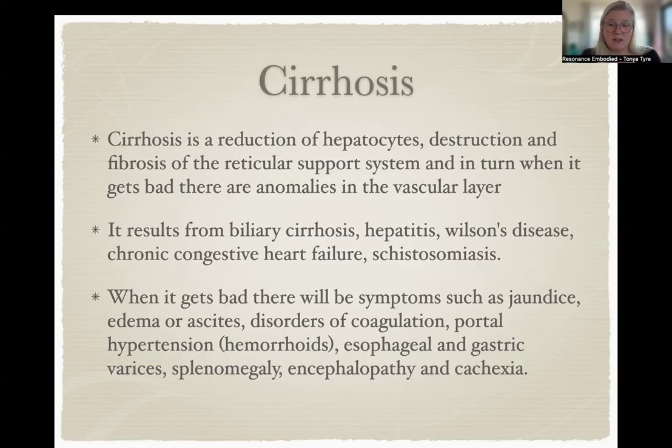But when it's very serious, like when it starts to get to the point where the liver is really failing, we're going to see things like jaundice, edema, ascites, disorders of coagulation, because all our coagulation products are made in the liver, portal hypertension, which will show up as hemorrhoids, esophageal and gastric varices, splenomegaly, encephalopathy, so that brain not working so well, and cachexia, loss of appetite, and weight loss.